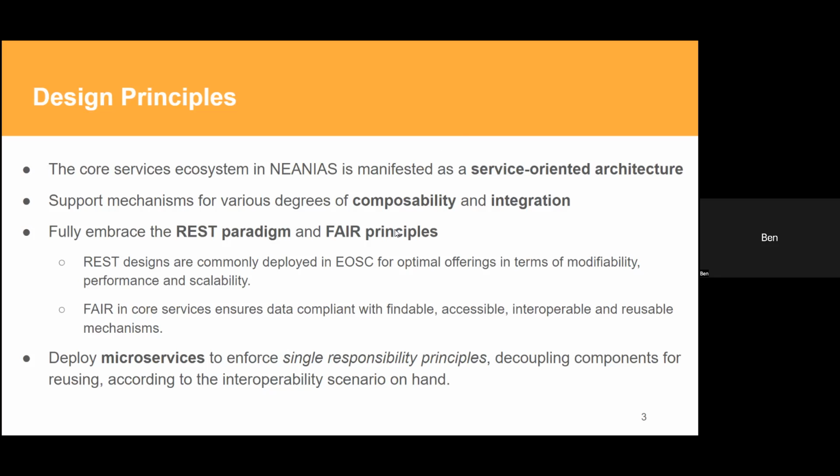All of the services on the Visualization Gateway embrace and implement the REST design and FAIR principles: findable, accessible, interoperable, and reusable. They deploy microservices which can be hosted on Kubernetes, and each has a single responsibility. They each do one thing and they interoperate between them.